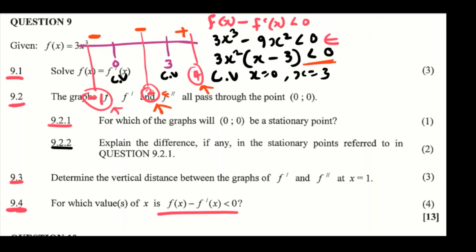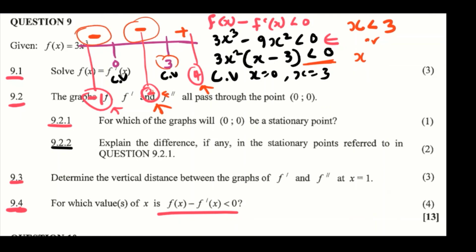So your solutions of x can be as follows. You can say x is less than 3, right? I'm talking about this 3. So I'm using the critical value to interpret that when x is less than 3, we're having a negative solution of y, which is exactly what we're looking for. Or you can say x less than 3 just highlights even this portion here, right?